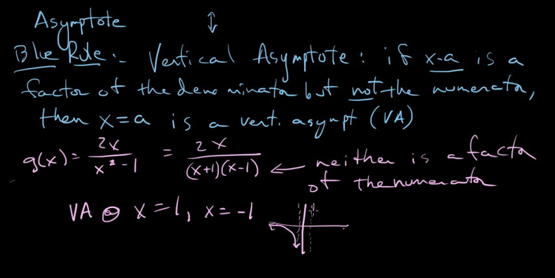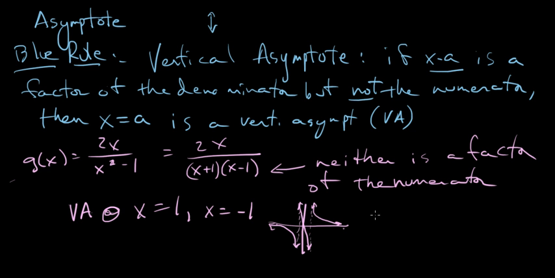This thing goes like this, goes like that, and this one goes like this and crosses over here and then goes like that. So that's what our graph looks like. We've got these two vertical asymptotes that the graph keeps getting closer and closer to, but doesn't quite touch. So, getting on from there, what do we have?